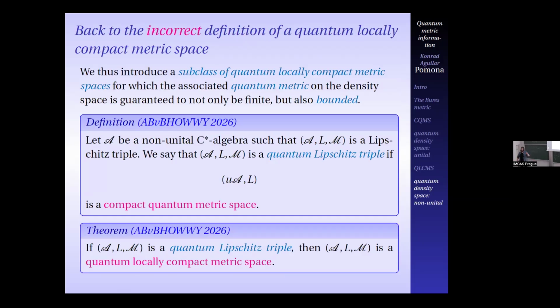I should mention that in this 2012 paper where Frederick introduces quantum locally compact metric spaces, he says a lot of his definitions don't require the algebra to be non-unital, so it still allows unital. He does check later that if you have a compact quantum metric space and you pretend it's a non-unital space, then it does satisfy the definition of a quantum locally compact metric space, which is a little different than this.